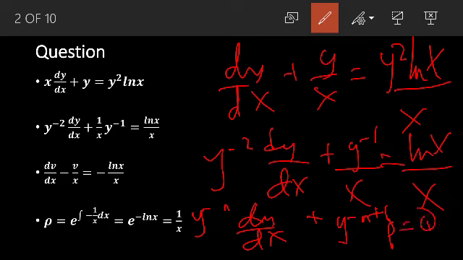If you compare, you can see that your p is 1 over x and your q is ln x over x.